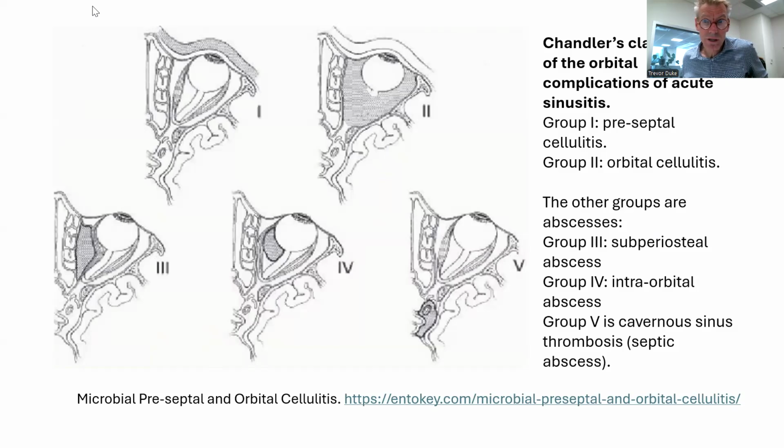There's a classification of these types of complications of orbital cellulitis and orbital infection, and that's called Chandler's classification. It's not very sophisticated. Group 1 types of infections have pre-septal cellulitis, that is in front of the septum, just involving the eyelid, and group 2 are different forms of orbital cellulitis, and there may be infection in the periosteal region, like we've seen.